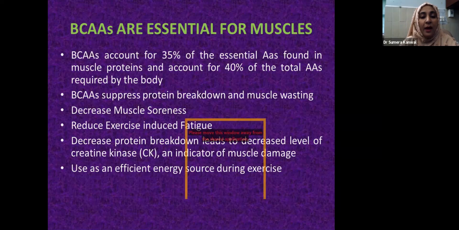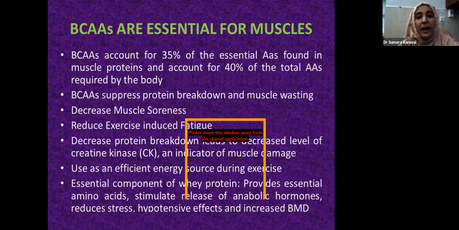So these branched chain amino acids are the essential component of different protein rich diets. They are the essential component of whey protein. Whey protein is basically a protein supplement obtained from the liquid portion of the milk during the manufacturing of cheese from curd.